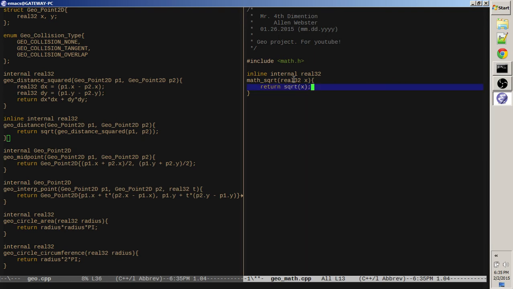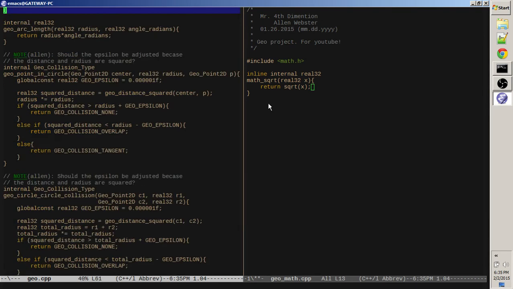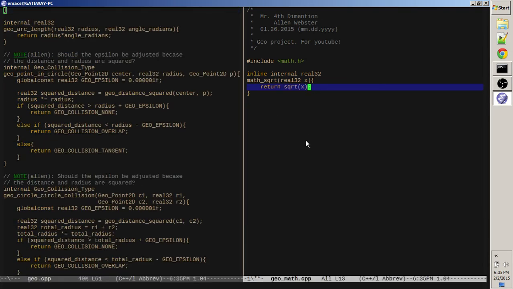So it's not going to do anything different than what we're doing. It's just going to add that extra layer of separation, so we're not using the math directly in the big messy code. That way there's only ever one place where I call square root from the math header, and there will only be one place where I call atan. And anytime we use a new math function, we'll have to add it here.